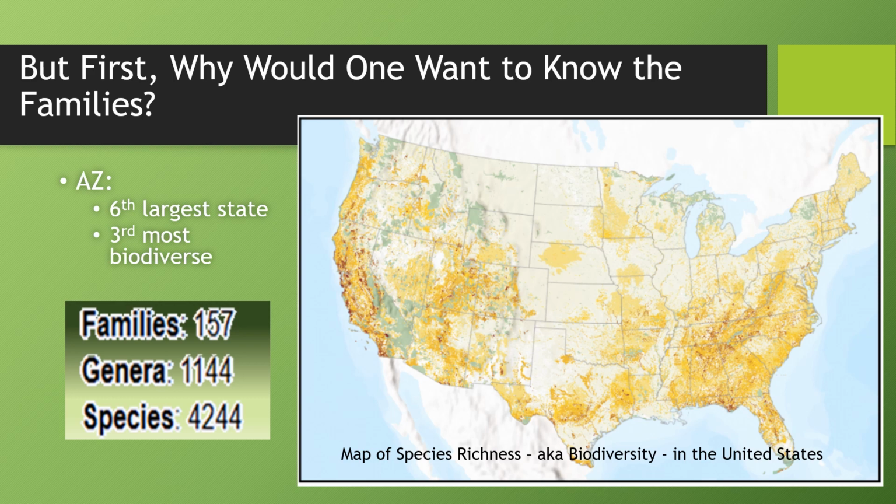It's the 6th largest state, but it is the 3rd most diverse. We are so far at over 4,000 species, and those are out of 1,100 and change genera, but 157 families seems like something that maybe someone could actually accomplish. So that's why we're going to focus on learning the families.